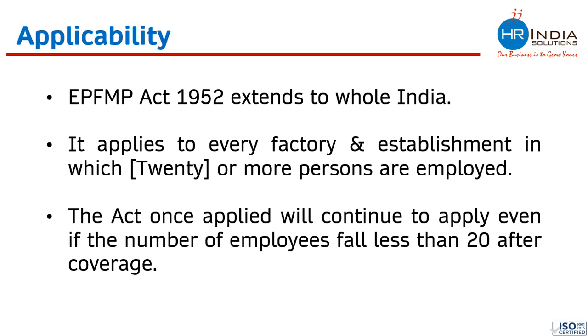There can be a company which in January had 15 people, in February had 18 people. So in case in the entire 12 months the company has never employed 20 people, they are safe, they are outside the Provident Fund Act. But once they touch a figure of 20, this act becomes applicable to that company.